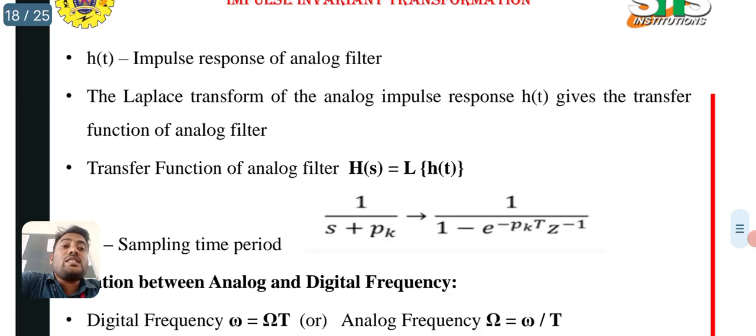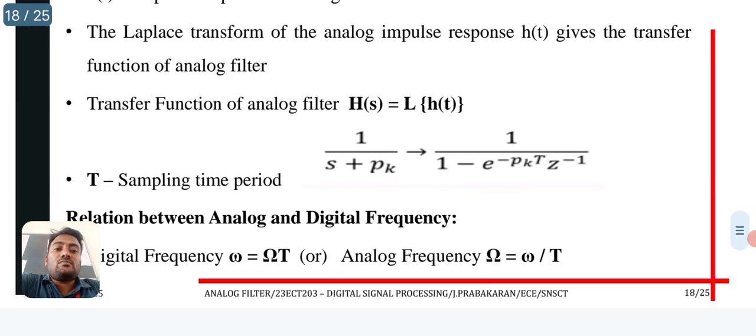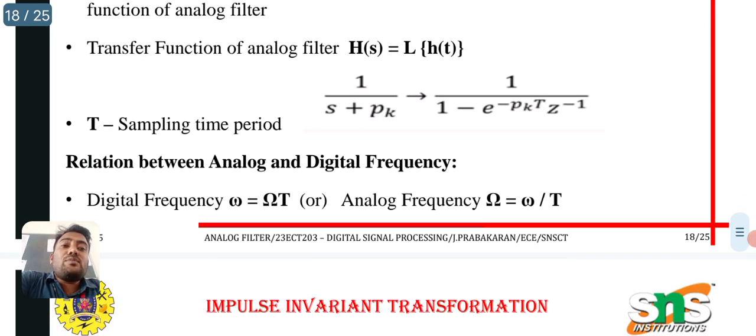By using this formula, we can convert the analog transfer function to the digital transfer function. And the relation between analog frequency and digital frequency: digital frequency omega equals analog frequency into capital T, and analog frequency omega equals digital frequency divided by capital T.